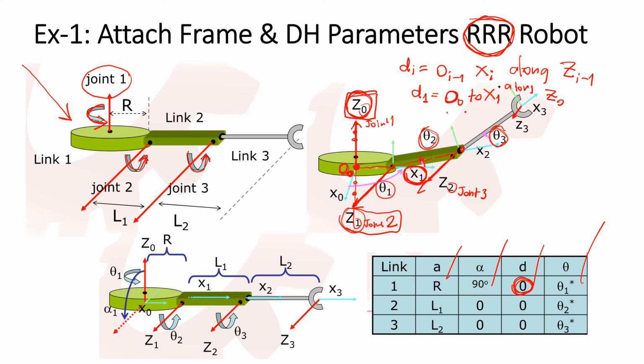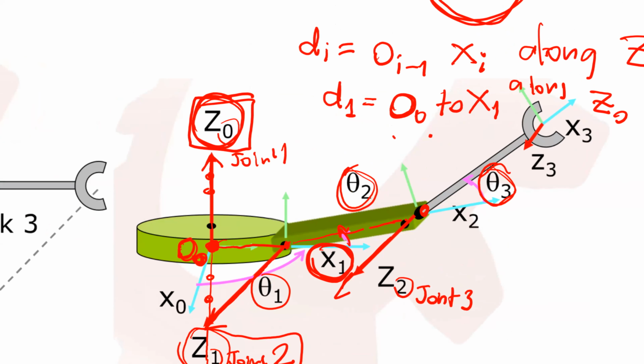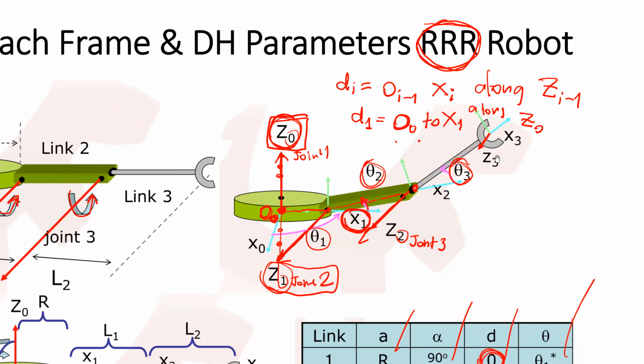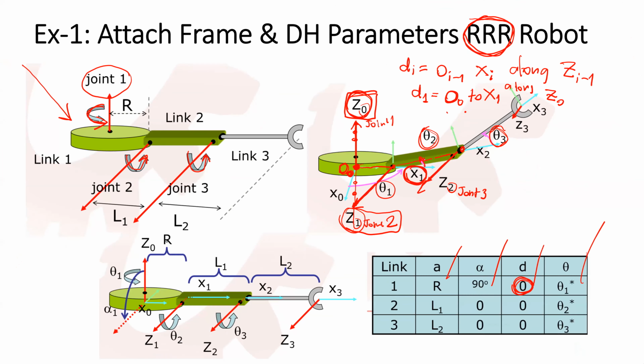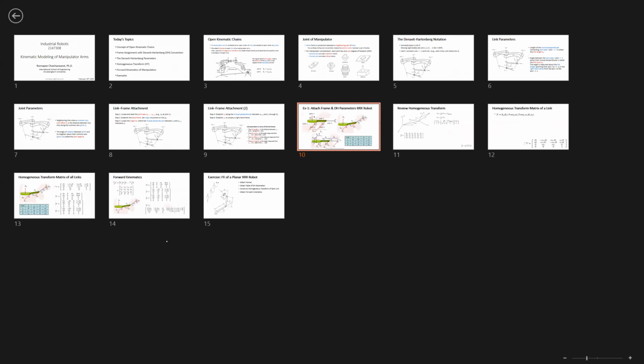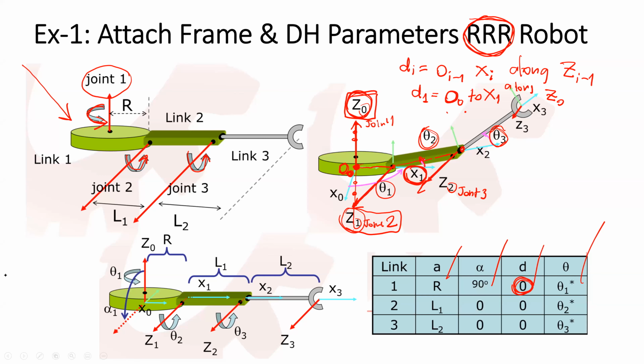So if you see this picture again, the offset of link 1 will be the distance from O0 to X1 along the Z0.